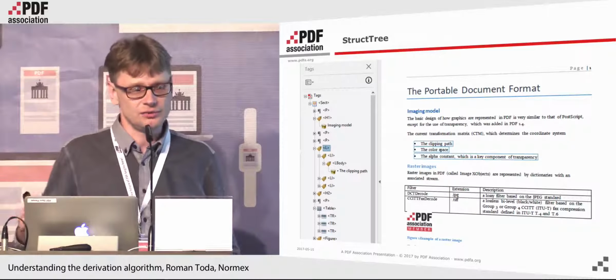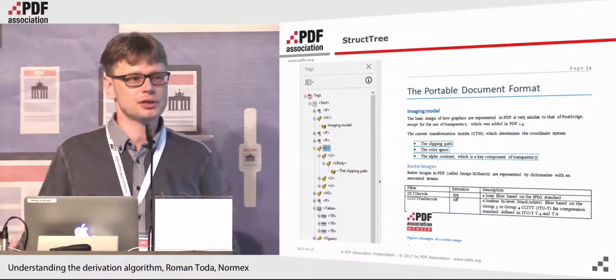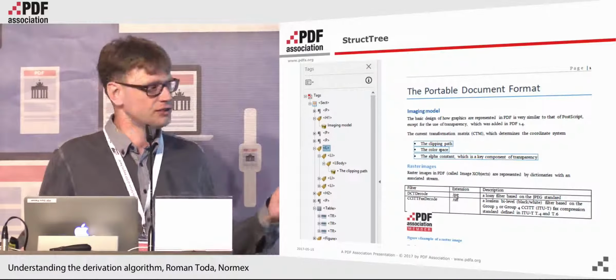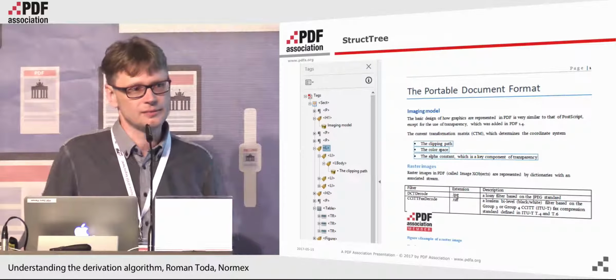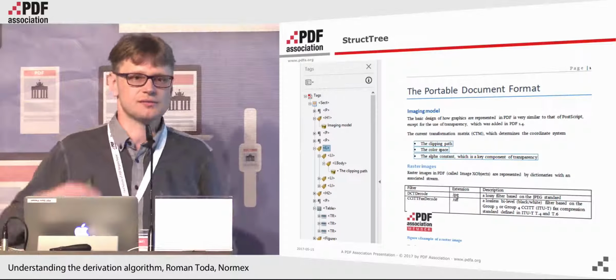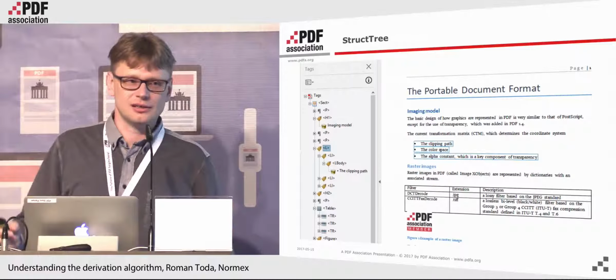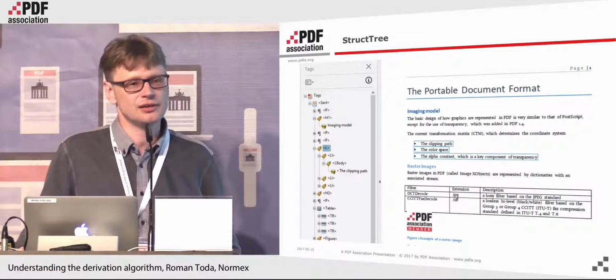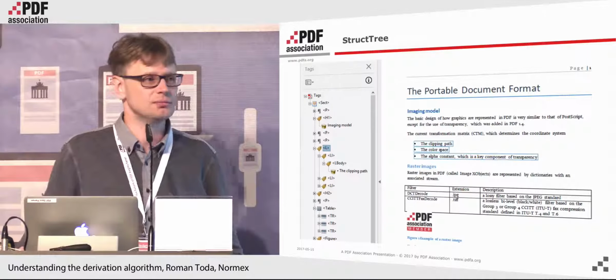So an author, or authoring application, is able, via this structure tree, to prepare a better description of the page itself, not just graphical operators, where you paint something here and then you take a glyph here and put it there.